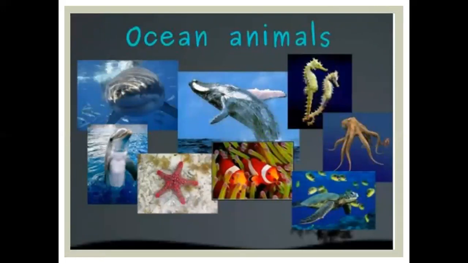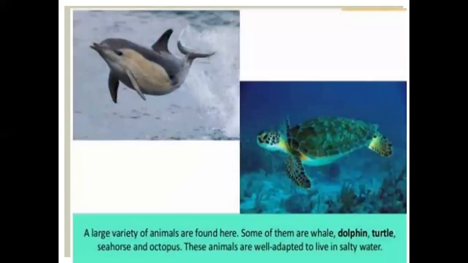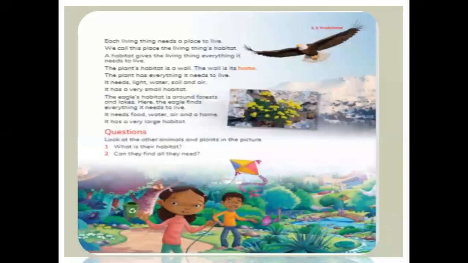We have fish, starfish, dolphins, seahorse, octopus. Sorry, not ostrich, octopus. Yes, these are ocean animals. A large variety of animals are found here. Some of them are whale, dolphin, turtle, seahorse, and octopus.